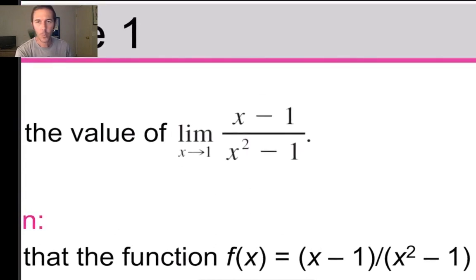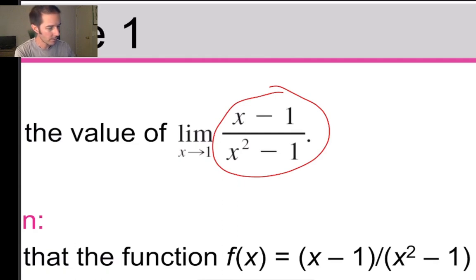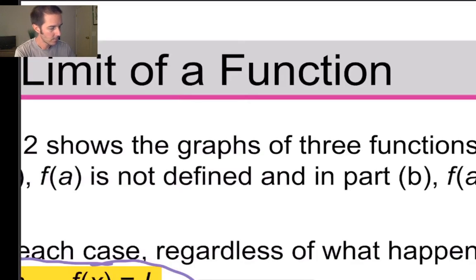Except if you took the number 1 and you actually plugged it into this function, you'd find that you get 0 divided by 0, which is called an indeterminate form. I don't know if 0 divided by 0 is equal to 1, because anything divided by itself is equal to 1, or if the thing's going to blow up in my face because division by 0 means that the result is undefined. So this one's a little unusual.